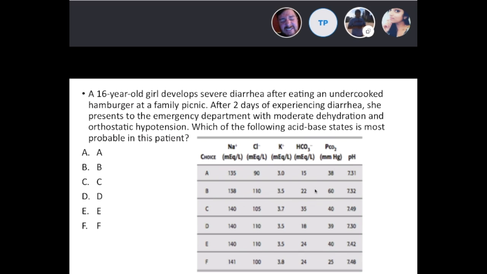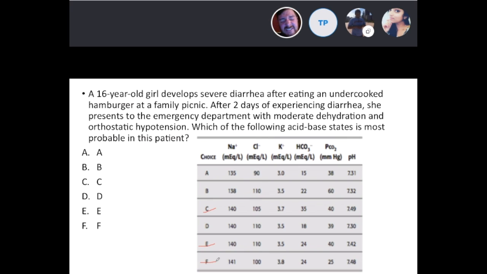So let's go to pH. So either A, B, or D. Okay, so you ruled out C. Yeah, it's not C, it's not E, and it's not F. Okay, good. So now we have to do our anion gap equation here to figure out which one of these is an anion gap, or is a normal anion gap.